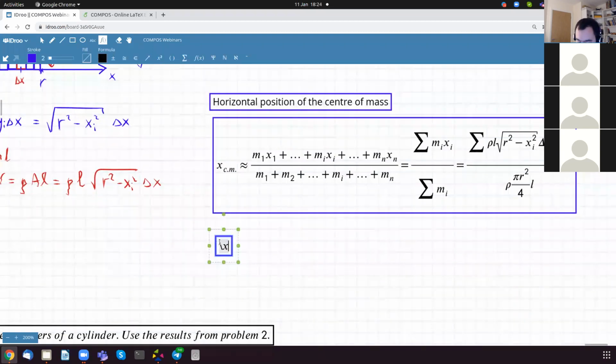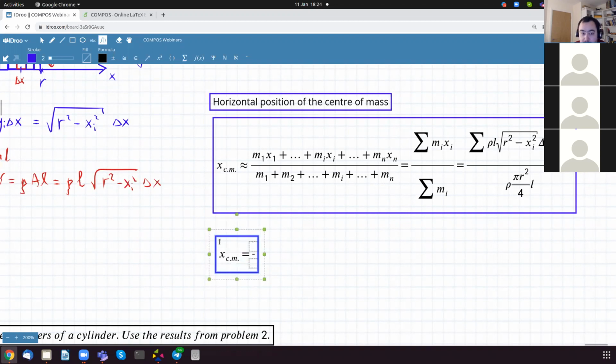So we have the x center of mass. X center of mass is equal to the limit when delta x tends to 0 of this expression.